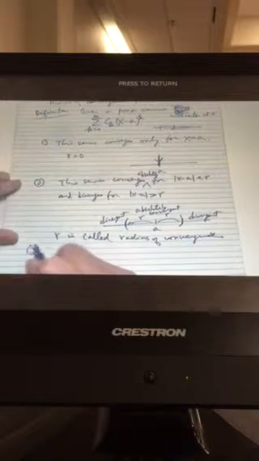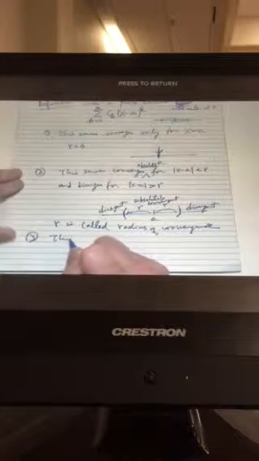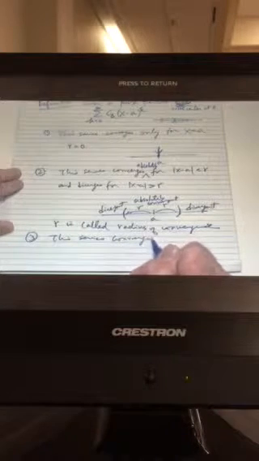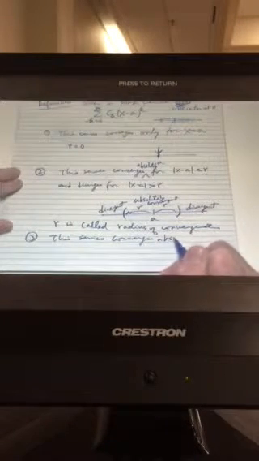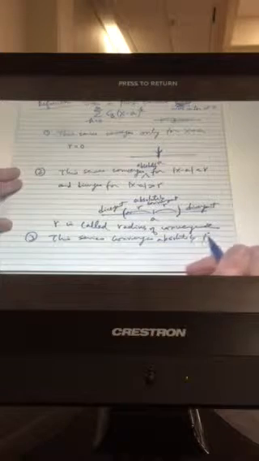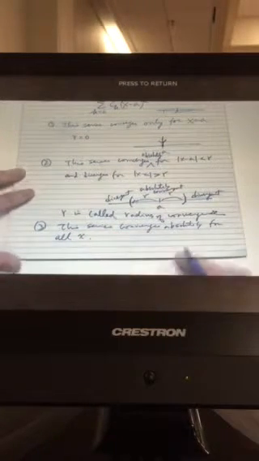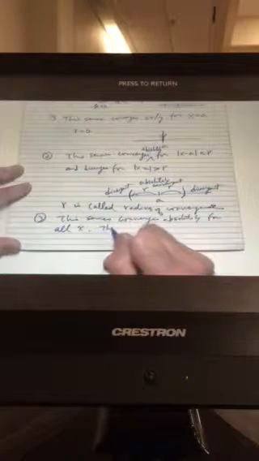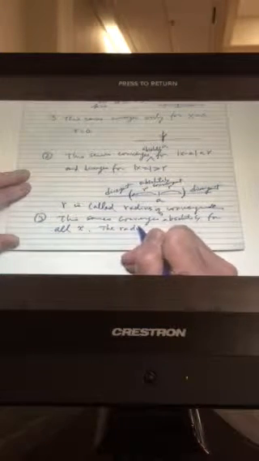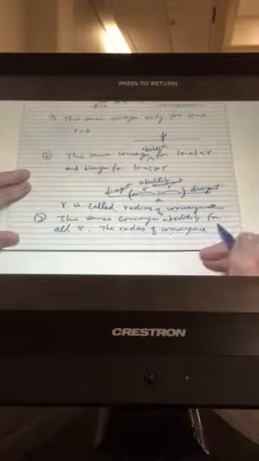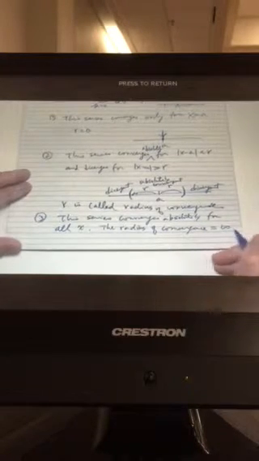The third condition is that this series converges absolutely for all x. If that is the case, the radius of convergence we define to be infinity.